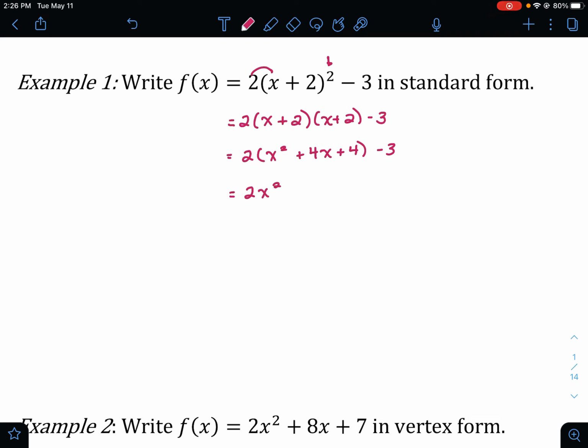So I get 2x squared plus 8x plus 8 minus 3. And then 2x squared plus 8x plus 5. And voila, we're done. Standard form. So that one is pretty straightforward, fairly simple. Just don't make small errors.